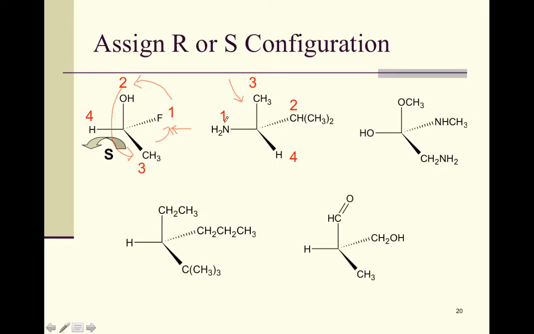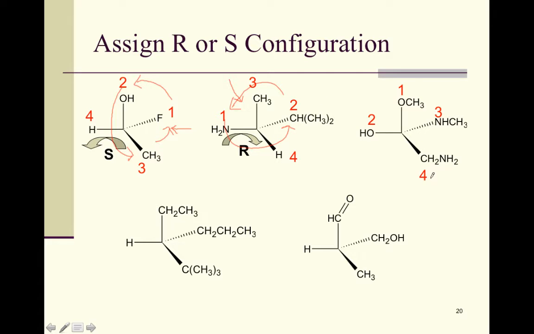That means number 1 is here, 2 is going in this direction, and 3 is going in this direction. Now remember, we're looking at it from back here. If the lowest priority is facing us, it's the opposite of what we see. Doesn't it appear to be going S? But in reality, because we're looking at it from the wrong side, it is actually an R. Make the model and convince yourself of this.